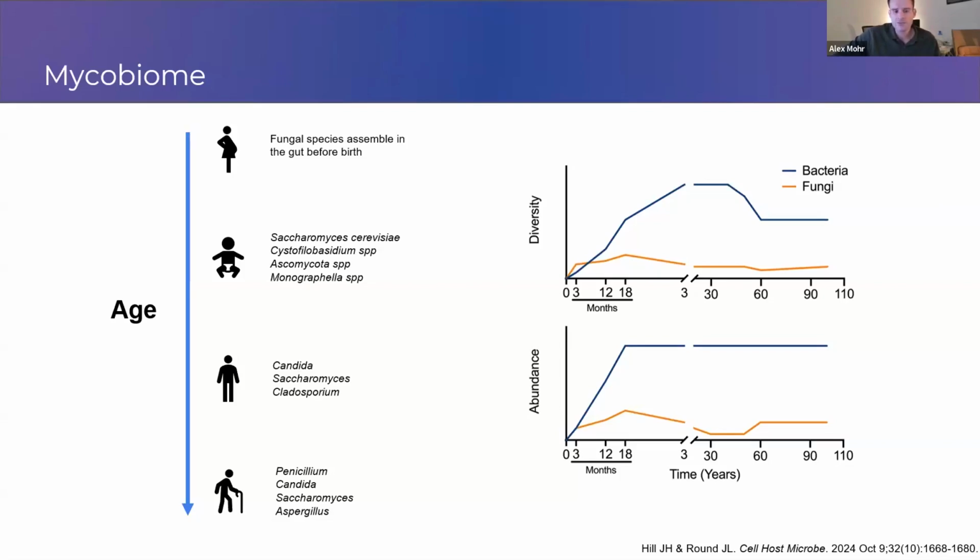Now, at age 1 to 2, this is really a critical window because we start shifting away from, if you're feeding breast milk or formula, we're starting to introduce solid foods. So now we're starting to see things like Saccharomyces cerevisiae become a lot more dominant. And this can indicate basically the prominent role for diet in shaping the microbiome.